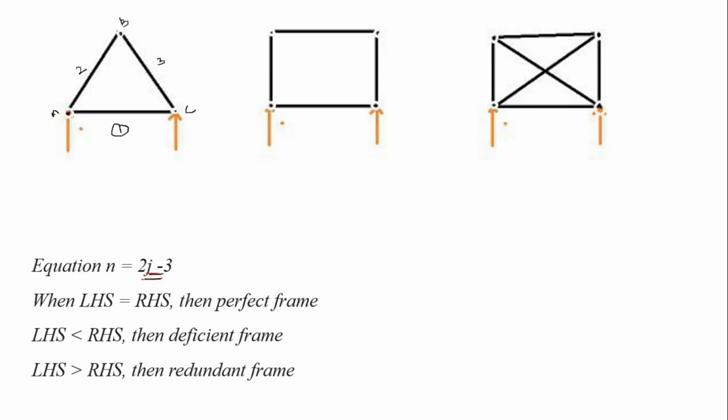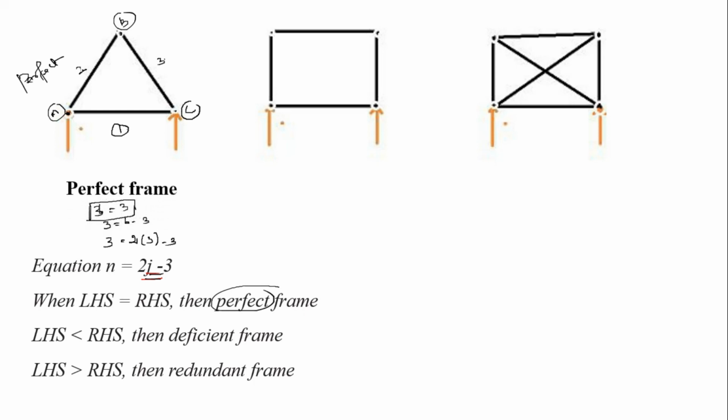Link 1 and link 2 join at A, link 2 and link 3 join at B, and link 3 and link 1 join at C. Substituting, 3 equals 2 into 3 minus 3, so 3 equals 6 minus 3, so 3 equals 3. So LHS is equal to RHS. That's why this is a perfect frame, right?